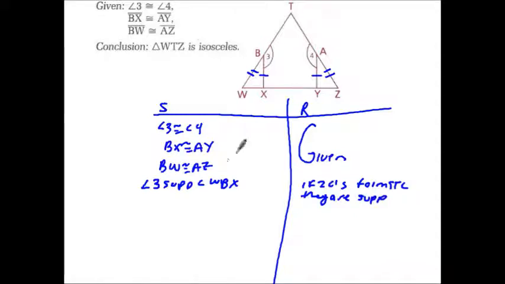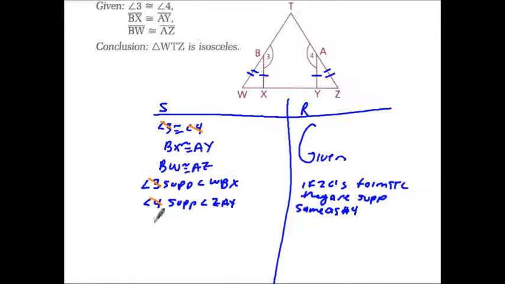Okay, my next pair right over here. Angle 4 is supplementary to angle ZAY. Same reason as before. Now, we've got our nice cross-offs right here. Angle 3 crosses off, angle 4 crosses off for repeats.